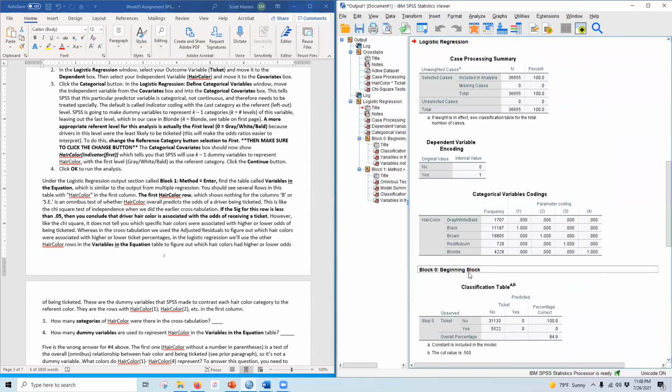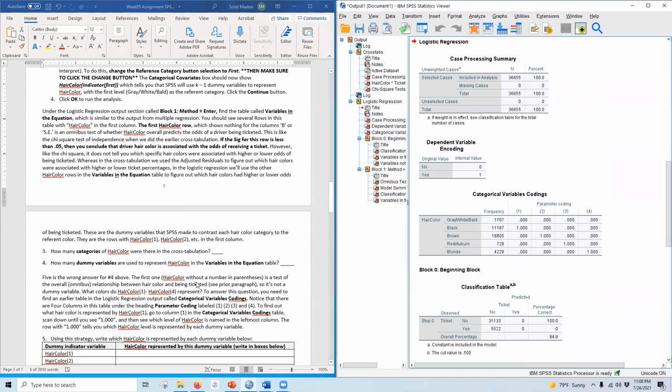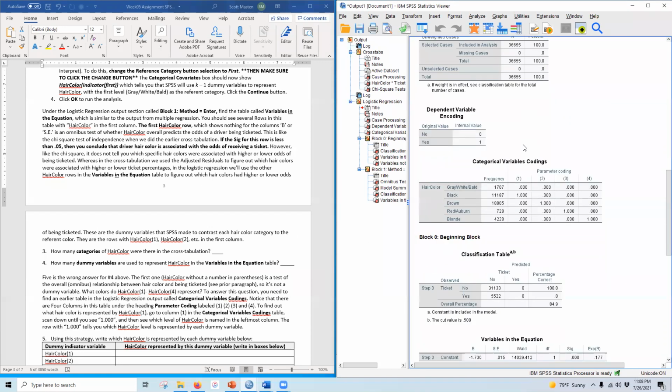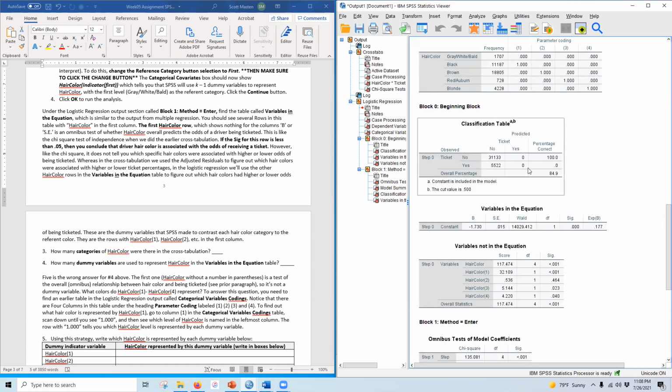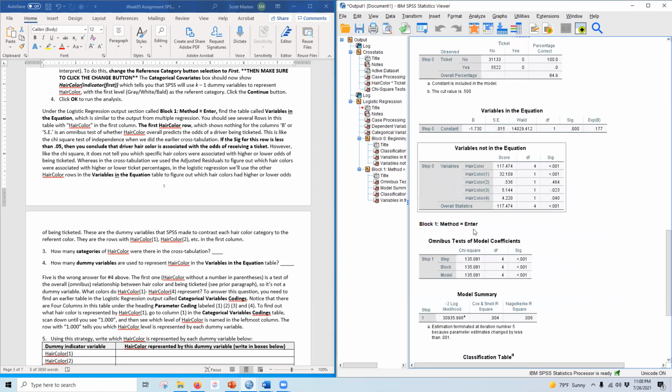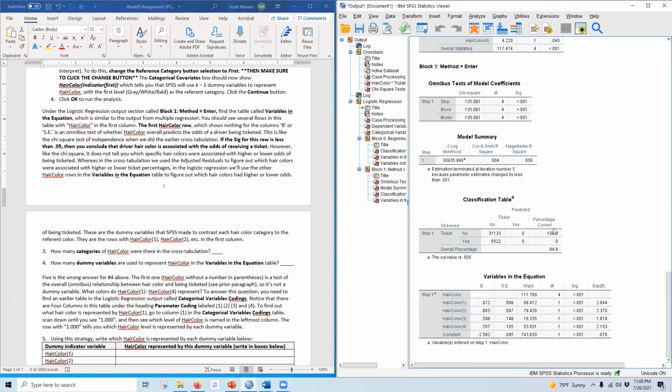So we get our logistic regression analysis, and I'll tell you a couple things you can poke around. First of all, the overall model, to tell you if this model significantly predicts the odds of getting a ticket, is not block 0. Remember, you ignore block 0. All this stuff under heading block 0, ignore this. We want to go to block 1, enter.